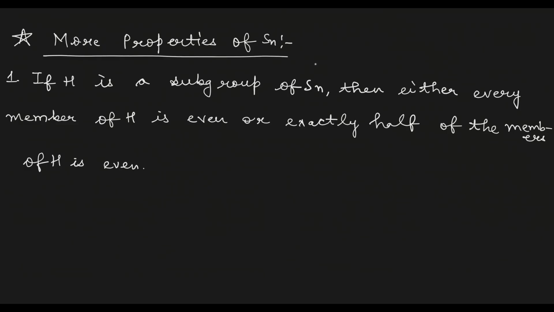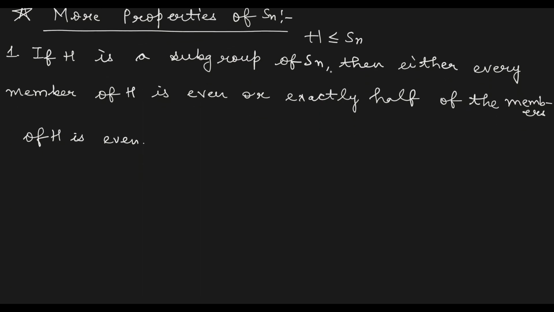Means if H is a subgroup of Sn, then either every member of H is even or exactly half of the members of H are even.